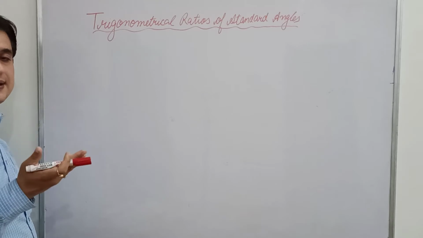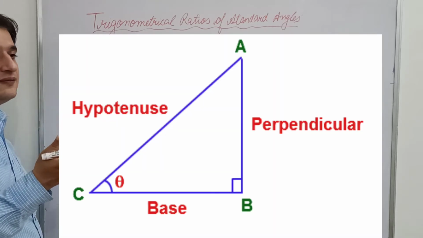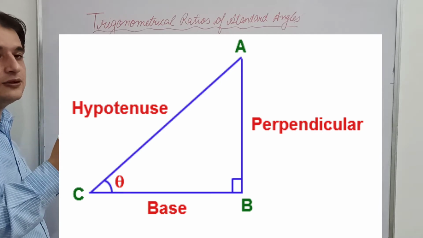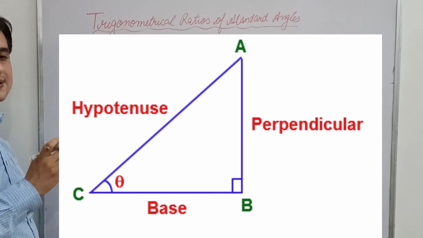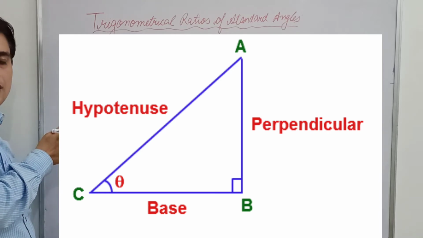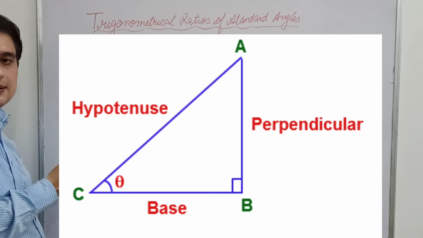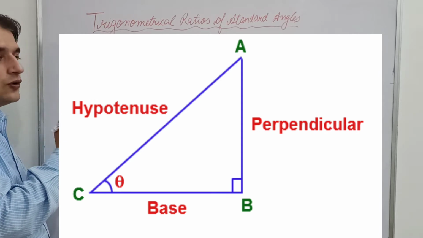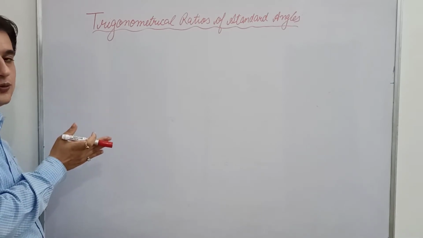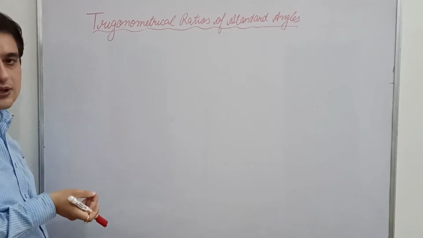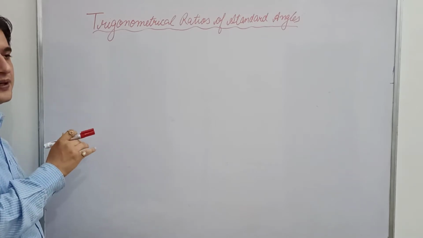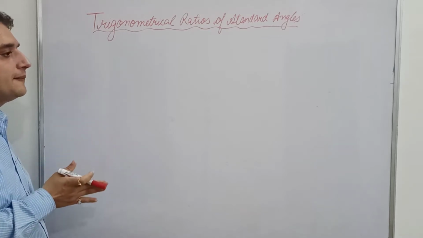The side opposite to the angle of reference is known as the perpendicular, and the longest side of a right angle triangle is the hypotenuse. Similarly, for the cosine of an angle, the two sides are base and hypotenuse. The base is the side adjacent to the acute angle and the hypotenuse is the longest side. And the tangent is the ratio between the lengths of perpendicular and base, right?